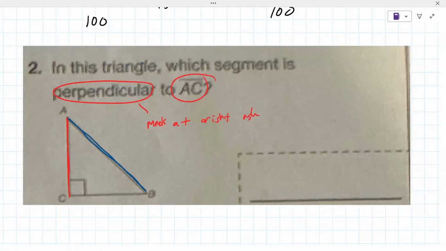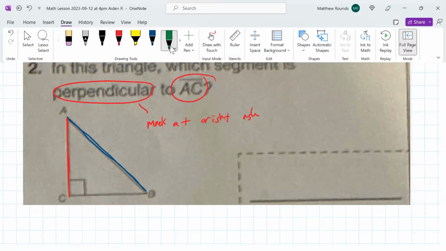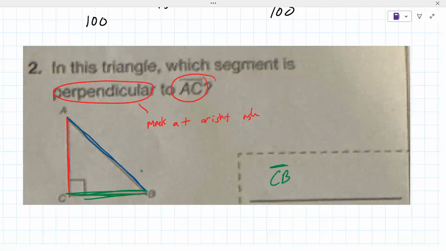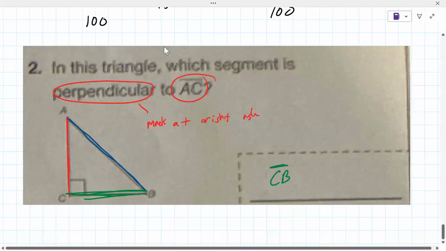Does that meet where the 90-degree angle is? Nope. All right, so give that one more try. C and B. You seem uncertain, but yes, that is the correct answer. See how these meet down here at the bottom? That is perpendicular.